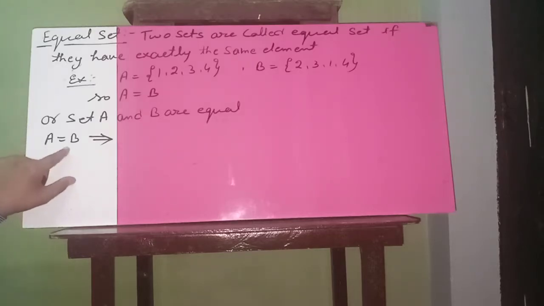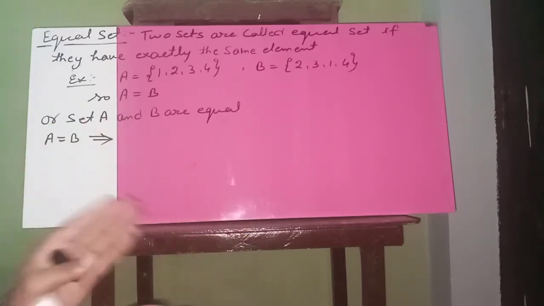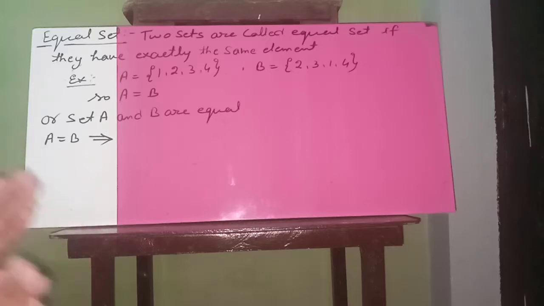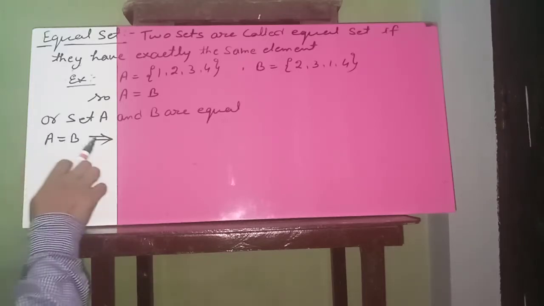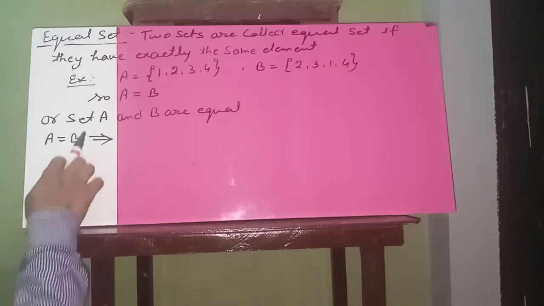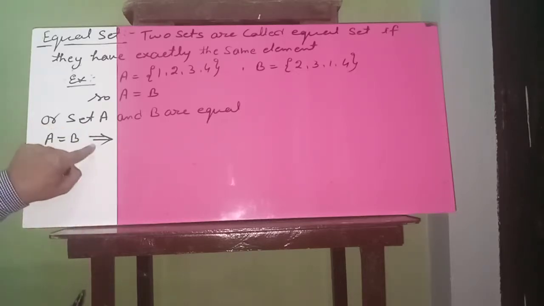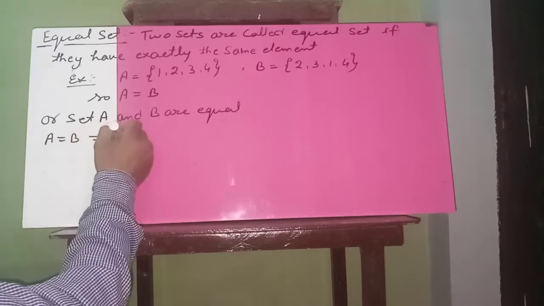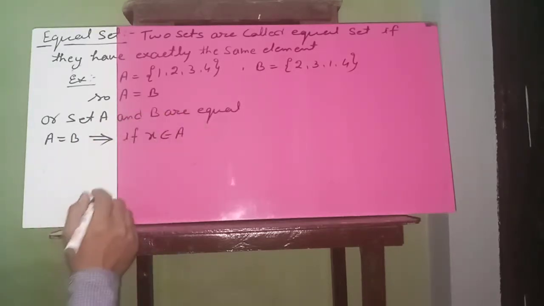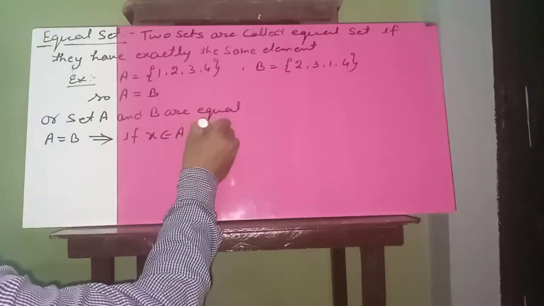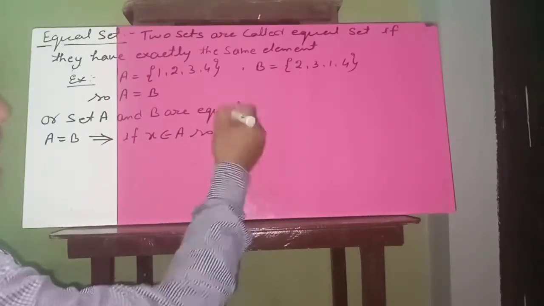A equal to B, so that implies... the name of the sign is implies. If x is an element of A, then x is also an element of B.